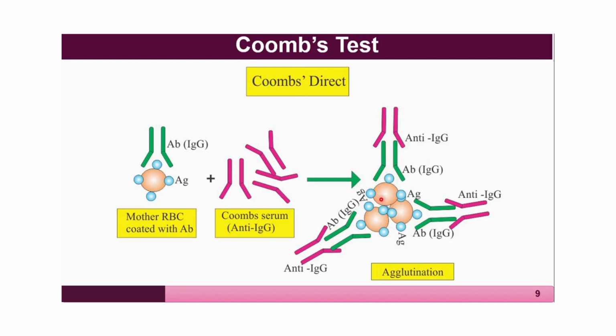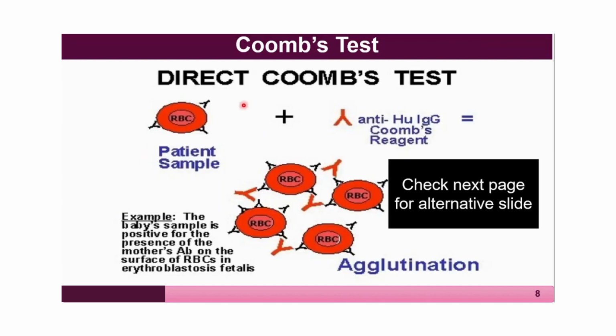And this is called the direct test. Why? Because you have taken the blood from the umbilical cord of the child and you have done the direct test, where the RBCs that are readily bound with the mother's Rh antibodies are recognized.